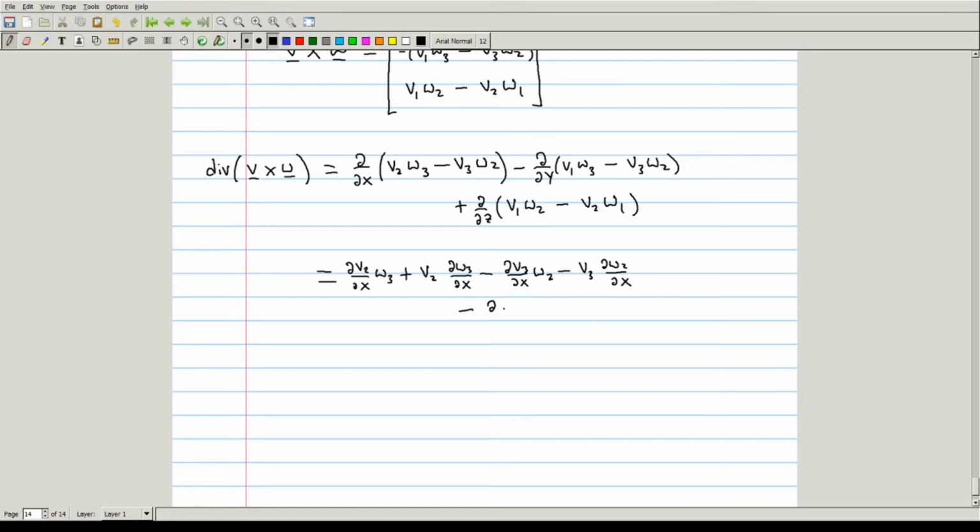The second component gives the y partial derivative of v1 times w3 minus v1 times the y partial derivative of w3, plus the y partial derivative of v3 times w2 plus v3 times the y partial derivative of w2.